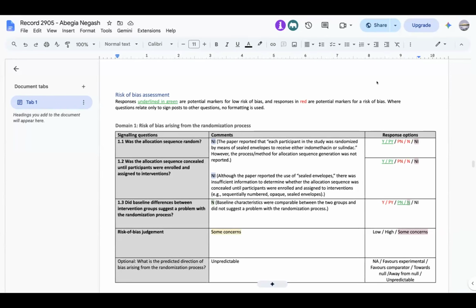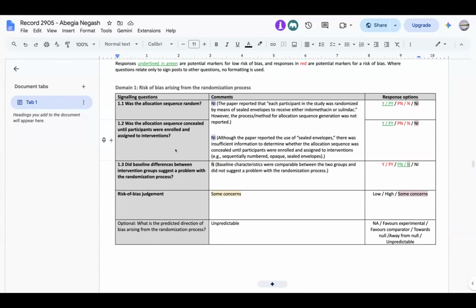I had a different answer. I said NI because the exact method or process for generating the sequence was not reported. But we can vote on it together to decide on 1.1. So those of us who want to go with probably yes, you can just say so. I would put probably yes. Same. Probably yes. Me too. Okay, so we'll go with probably yes for 1.1.